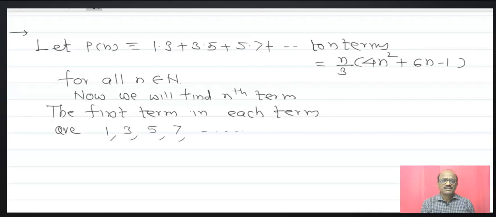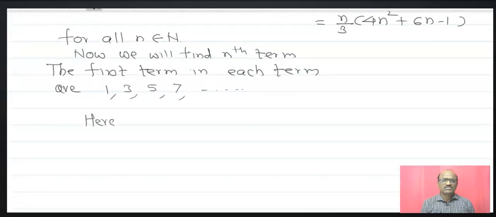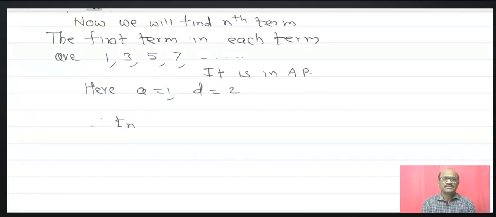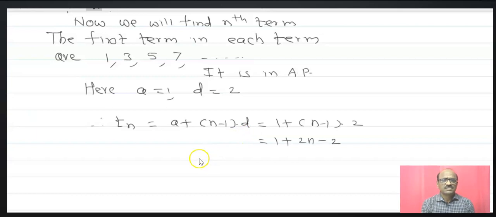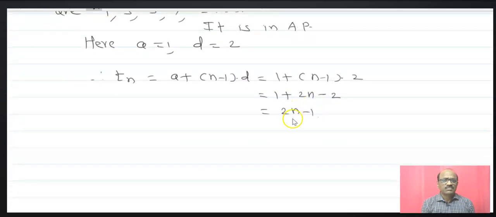Therefore here A is equal to 1, D is equal to 2. Therefore it is an AP. Let's say Tn is A plus n minus 1 into D. This way I have done sequence and series. Therefore the nth term for the first term is 2n minus 1.